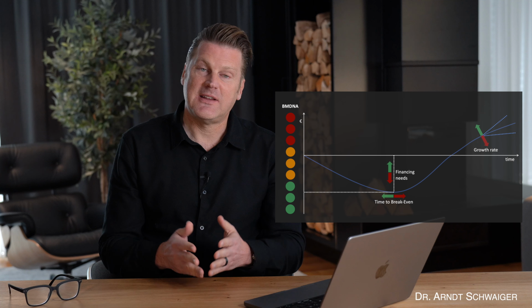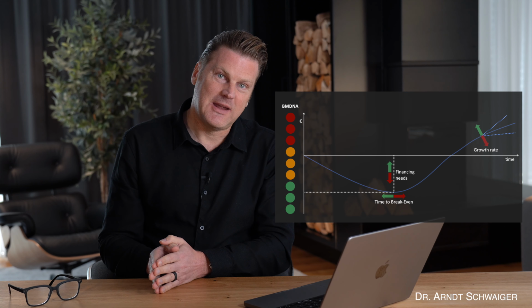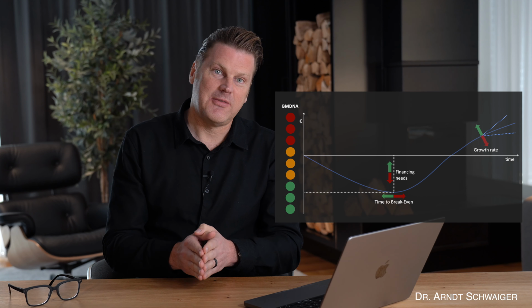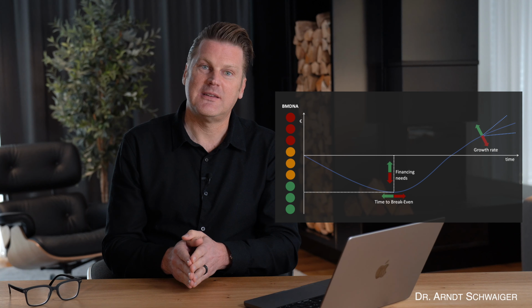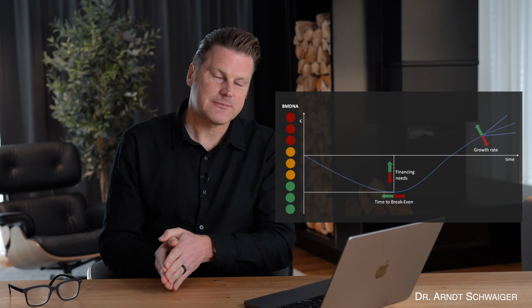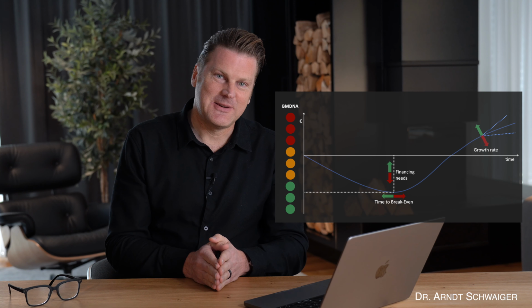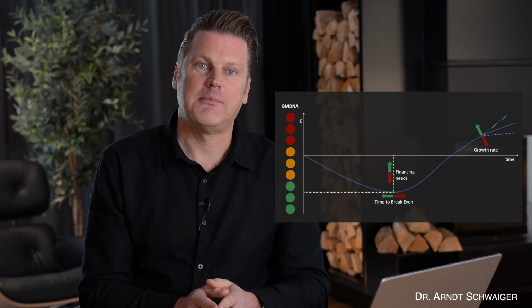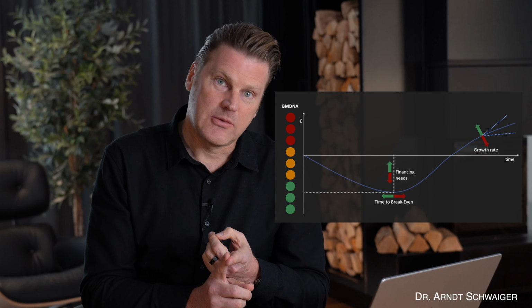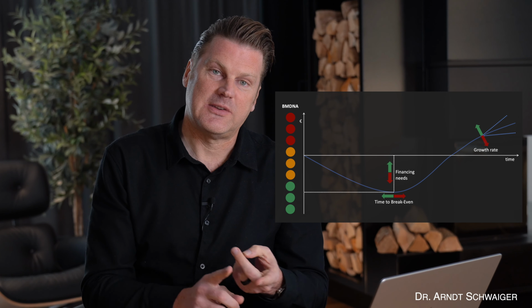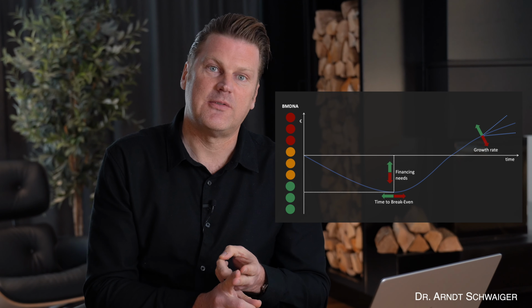And the metrics are obviously not the distance from A to B, it's not the traffic jam situation or the average speed, it's more the metrics of your business model DNA. It might be things like the cost per click, it might be the conversion rate, it might be the product price, it might be the salary of your salespeople.